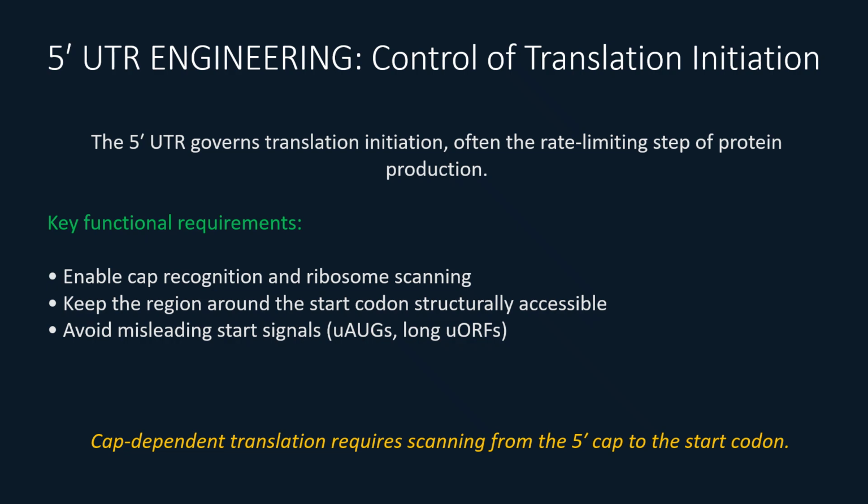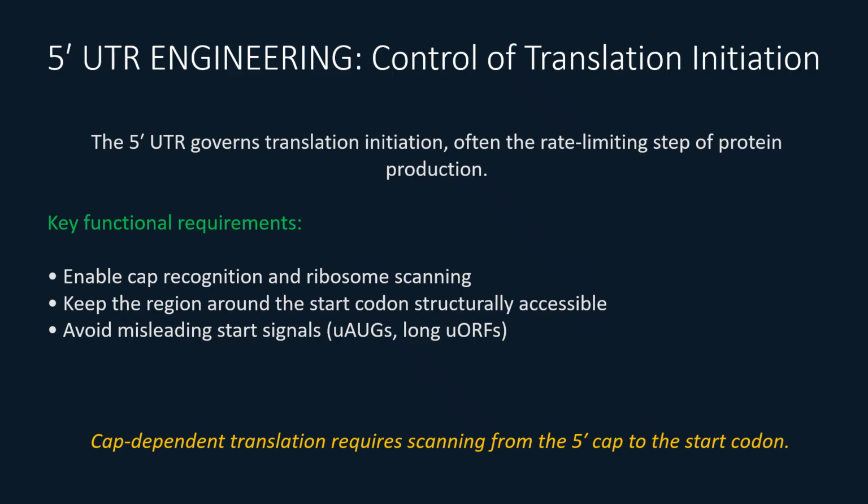After binding the 5' cap, the ribosome scans along the RNA until it recognizes the start codon. So that means the ribosome has to physically move through the 5' UTR.